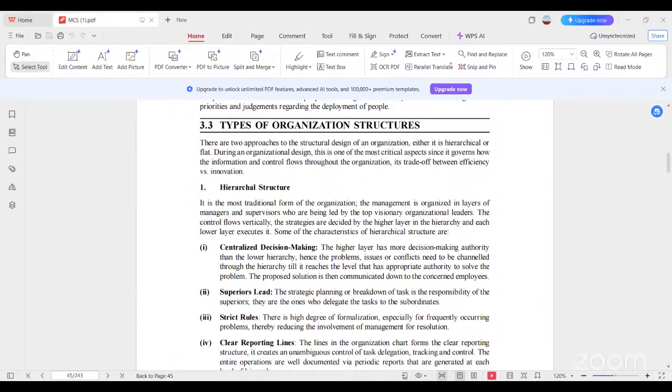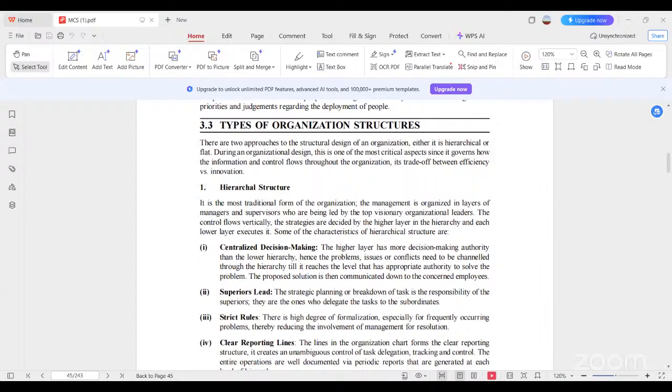Here each level has its roles clearly defined. Authority and responsibility are clearly defined at each and every level of your organization. So a hierarchical organization is one in which power and control flow from top management to lower levels of management through a chain of command.